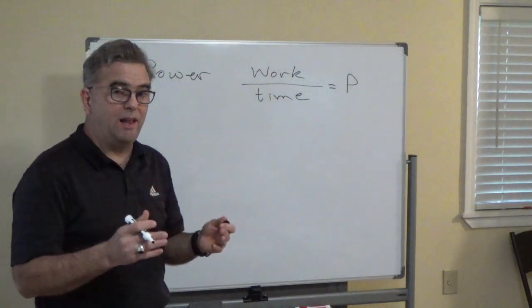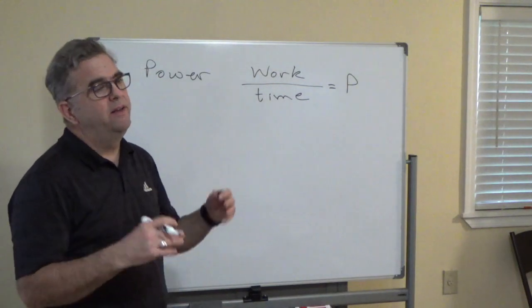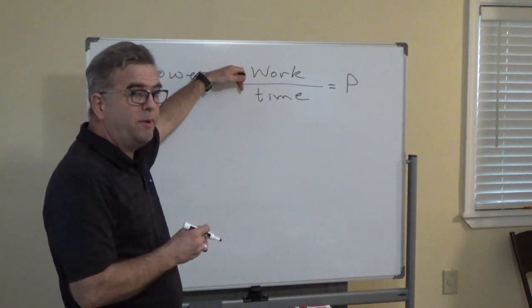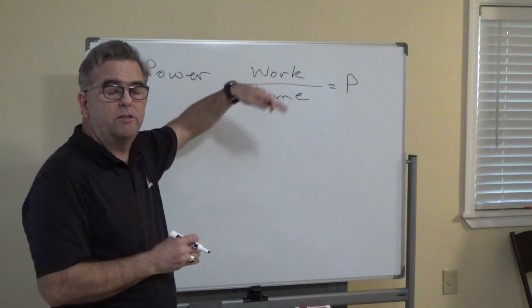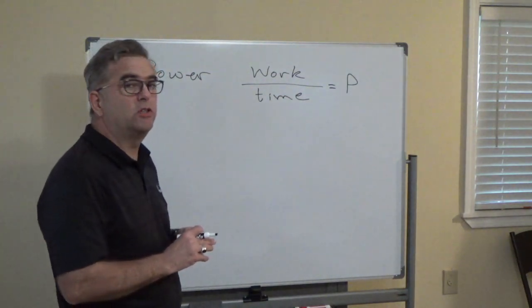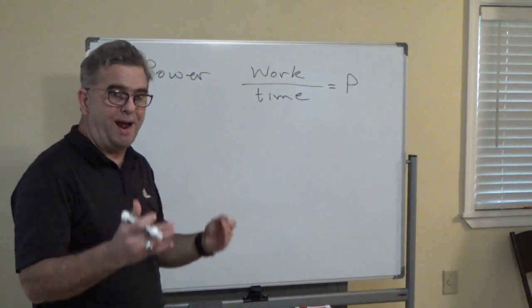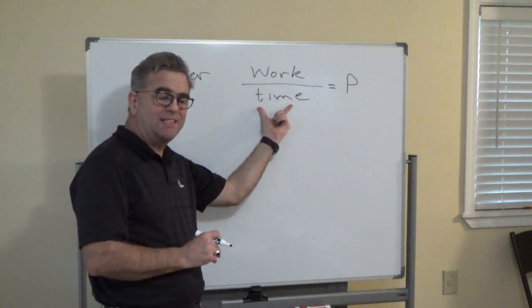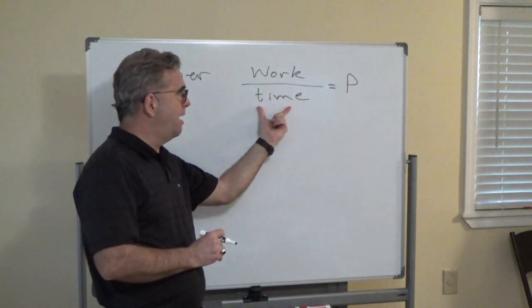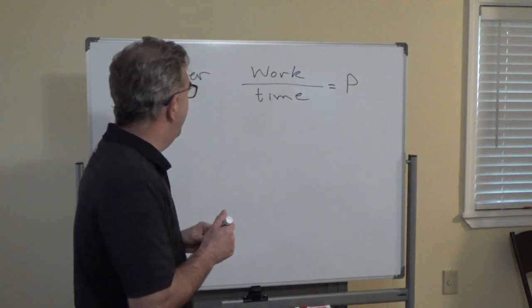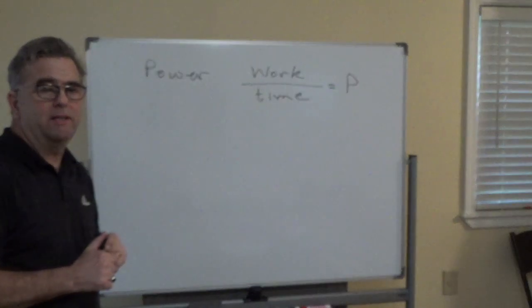Let's say your friend climbs the stairs and it takes them 10 seconds, okay? They did the same amount of work. They're at the top of the stairs. They've got the same potential energy that you do, except it took them twice as long. Your power was greater. The denominator here was less than the denominator for your friend, okay? So it's the amount of work divided by the time it takes to do that work.